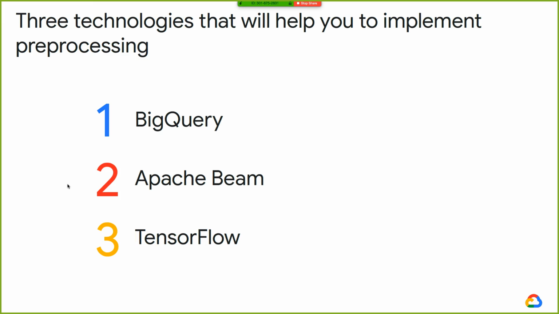Every time you change the processing, you have to rewrite the Spark code as C++. Beam, with TF Transform, supports packaging those pre-processing procedures that you do with big data, streaming or batch, into the actual computation graph of the TensorFlow graph.